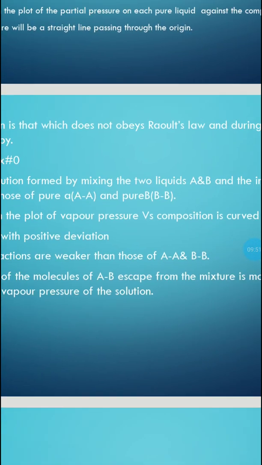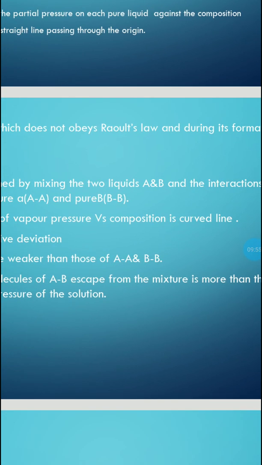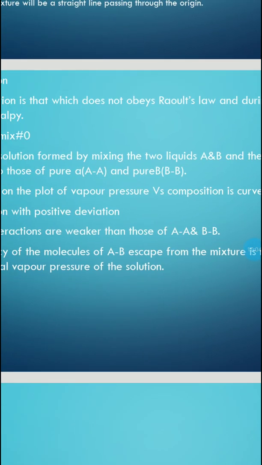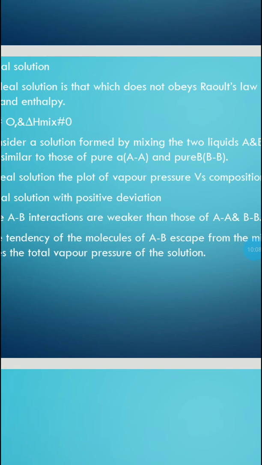Then the tendency of the AB molecules to escape from the mixture is more, that means they are weaker, they become volatilized and are easily vaporized, more than that of the pure liquid. This increases the total pressure of the solution. So volatile compounds have high vapor pressures and low boiling points.